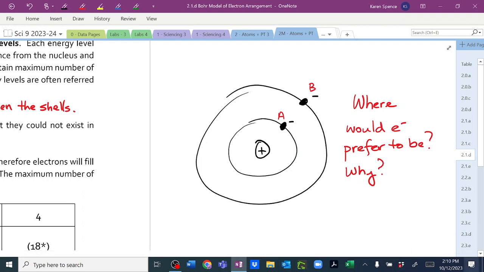Yeah, it would prefer to be closer to the nucleus in shell number 1 because it is attracted to the nucleus. That negative electron is attracted to the positive nucleus.